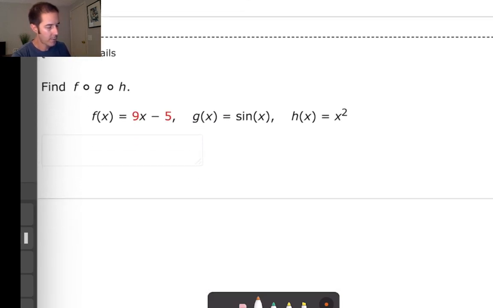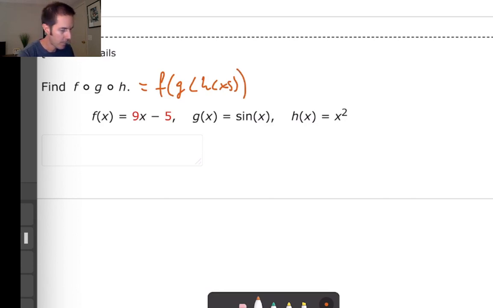Here you've got f of g of h, f of g of h. So we're taking the h function first, 3 parentheses, yep, that's it. We're going to take the h function and plug it into the g function first.